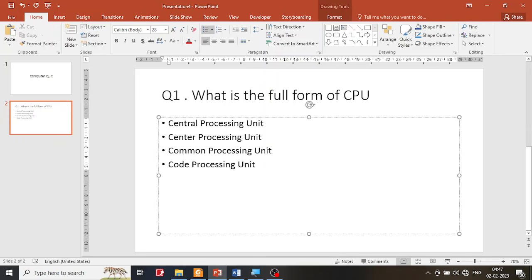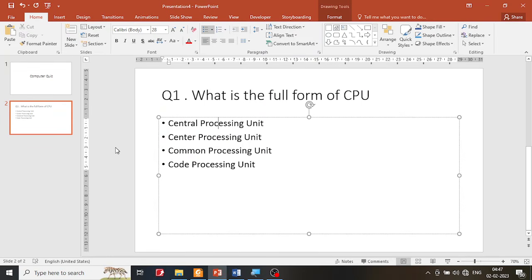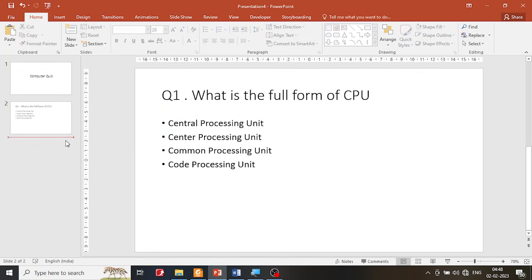When you do that, you have 2 choices. Either your choice may be wrong or your choice may be right. So if you run this one, if a user clicks on the Central Processing Unit, the answer is correct. For the other 3, the answer is wrong. So I'm going to create 2 more slides here.